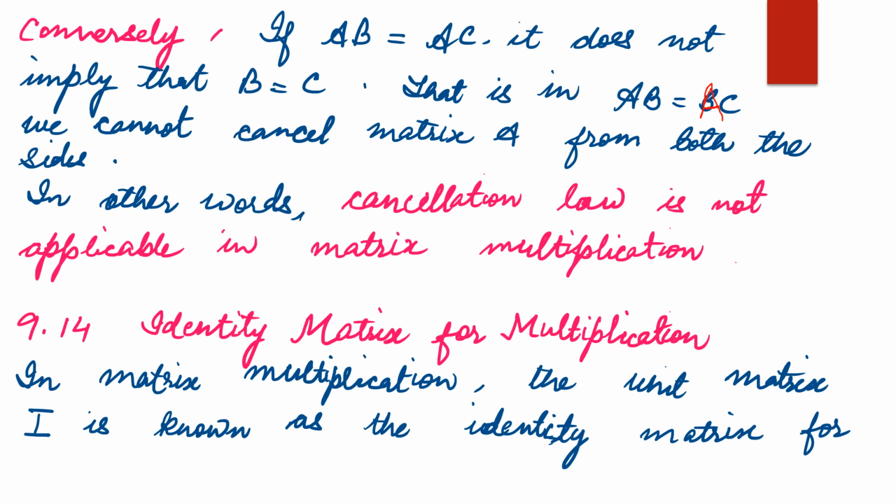In matrix multiplication, the unit matrix I is known as the identity matrix for multiplication. You know the unit matrix contains only one at the diagonal places, and the diagonal is that which is drawn from the left hand corner to the right hand corner.